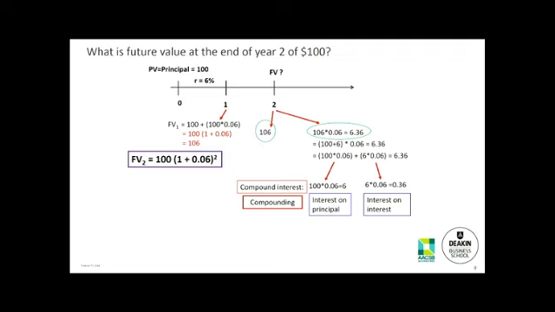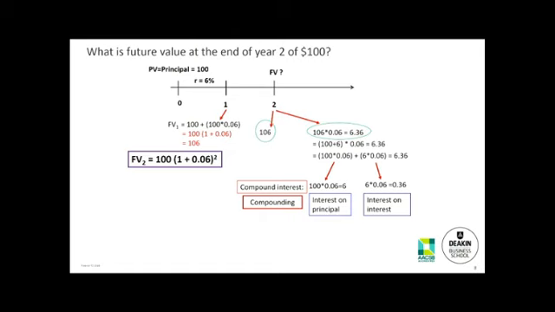Now, if this is the case, some of the students may recognize, hey Robert, we don't need to consider it in this way. Let's simply use one equation to work it out. Because if we have the equation, we can simply plug the numbers into the equation and work it out. Am I right? And the equation here is very easy to understand. What is future value? We know present value. Future value for year 1 should be present value times 1 plus interest.